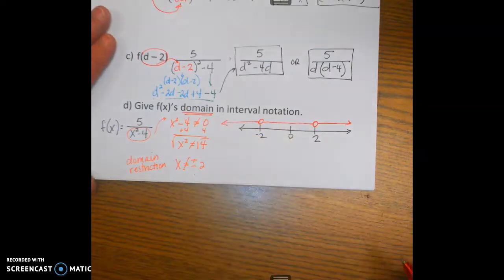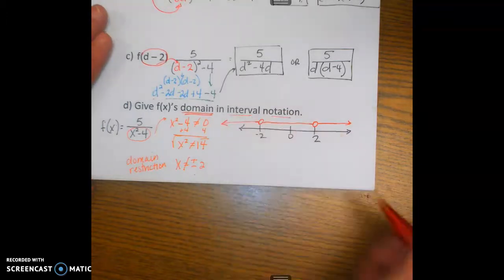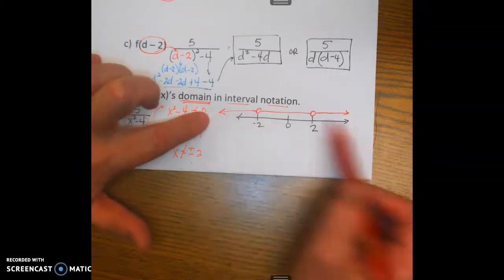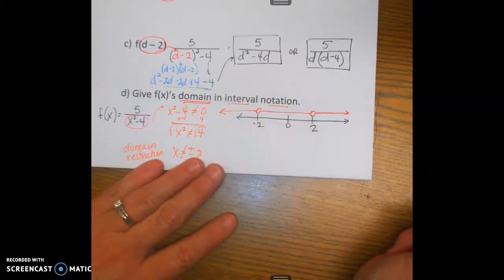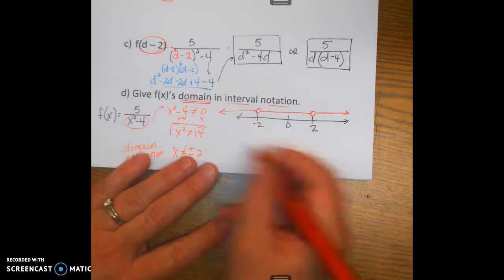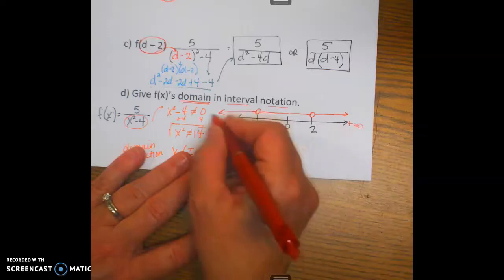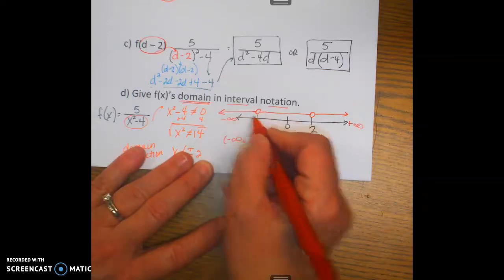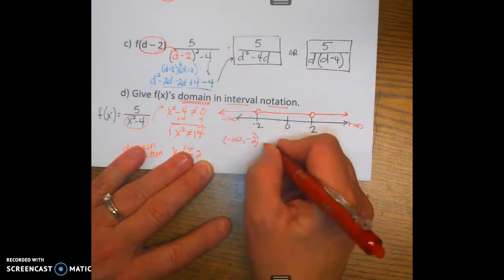Your domain has to be written in interval notation. I just think the interval notation is easier when you do the number line graph, because then you can visually see it. So I'm going from negative infinity to positive infinity. You always go from left to right. I have an arrow out to negative infinity, and I have values all the way up to negative 2, but it's a parentheses because I'm not including the negative 2.